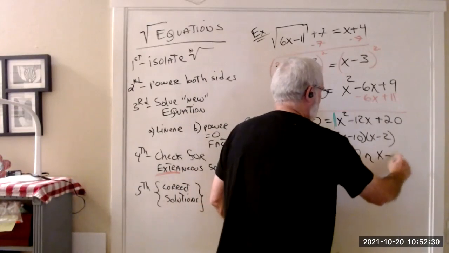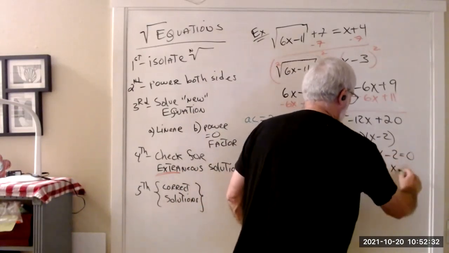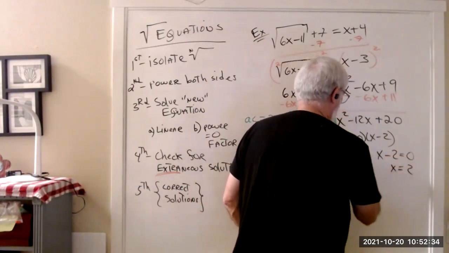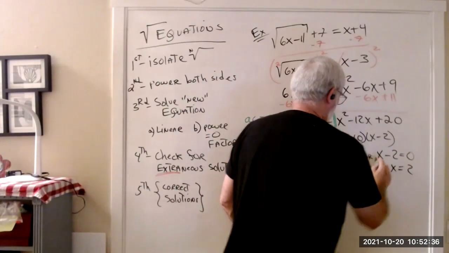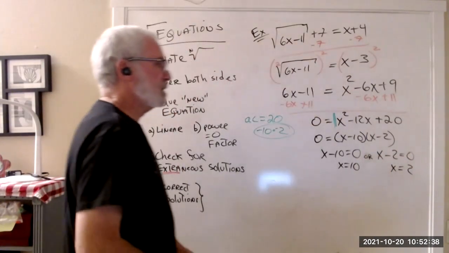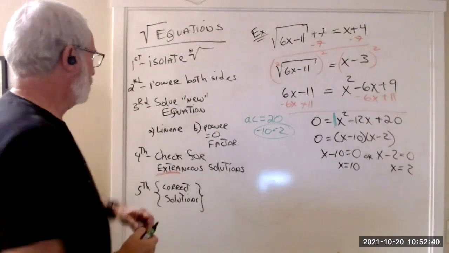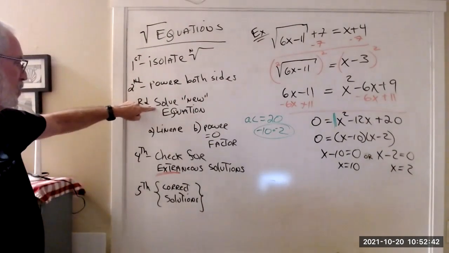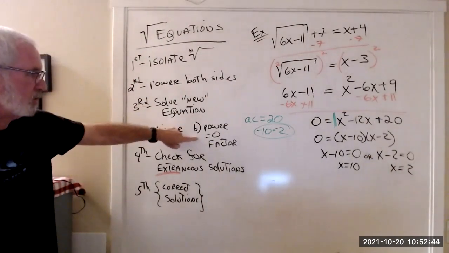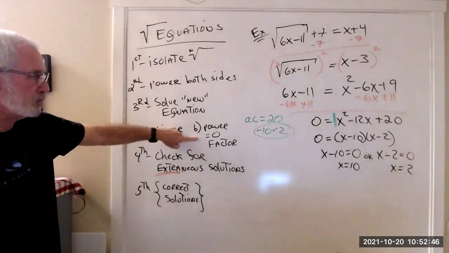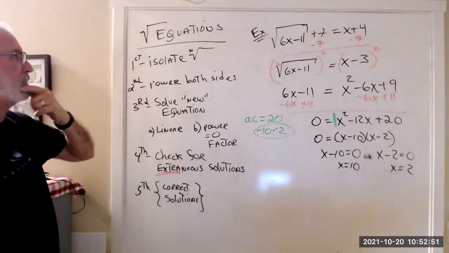Or x minus 2 equals 0, which means x is worth 2. Okay, so solve the new power equation. I did. I got my two answers, 10 and 2, but now I have to check.